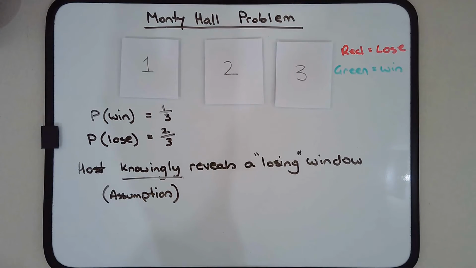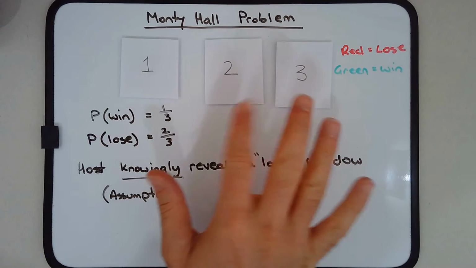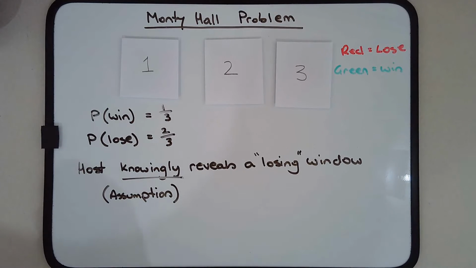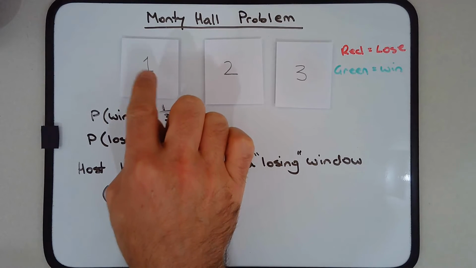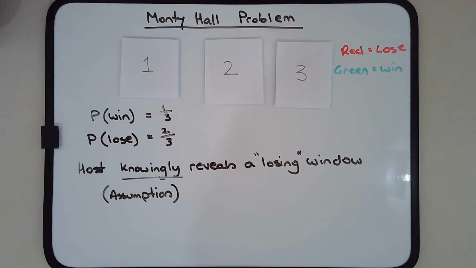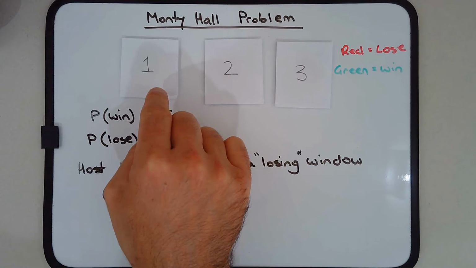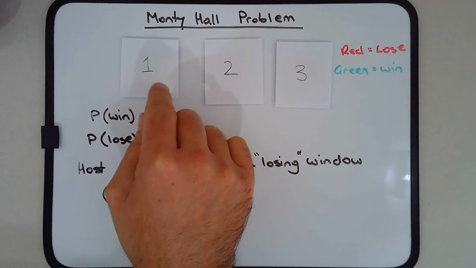Then, based on the outcome of what's behind windows 2 or 3, the host would ask the contestant, would you like to switch your choice? So let's say I pick window number 1 as a contestant. If it's red under window number 1, it's lose. If it's green, it's win.